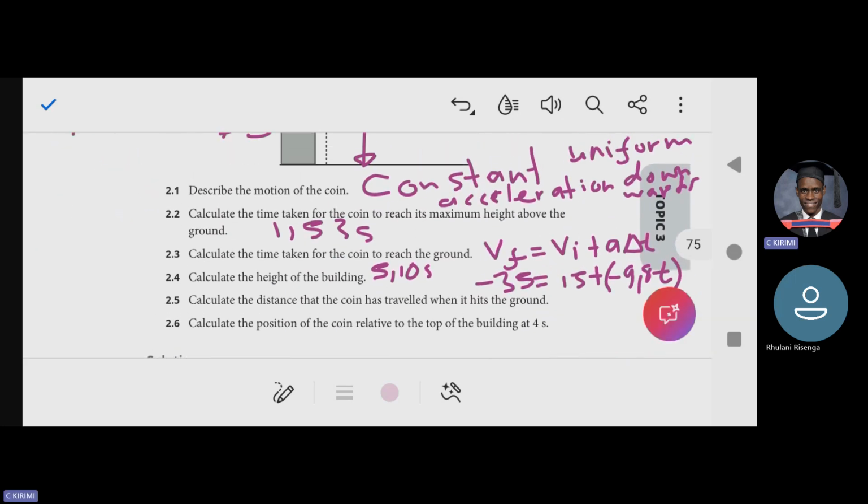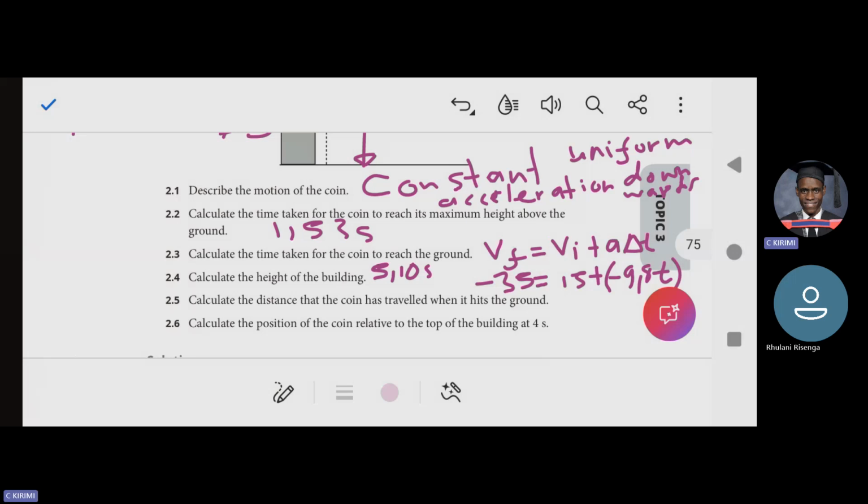All right, let's go to the last one. Calculate the position of the coin relative to the top of the building at 4 seconds. So where is the coin at 4 seconds? That's what they're asking. The position of that coin at 4 seconds.